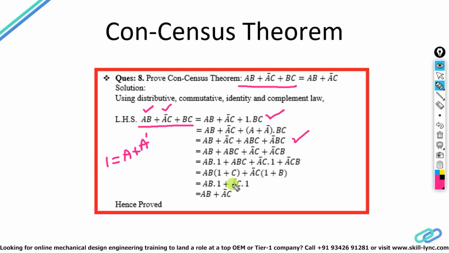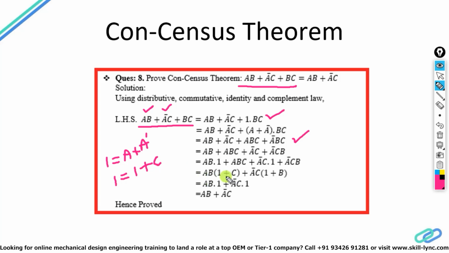Now you can write it as AB into 1 plus C, because 1 plus C equals 1. Anything plus 1 equals 1. So I can write it as 1. You can expand 1 as 1 plus C. 1 can be written as 1 plus B, 1 plus A, 1 plus C, anything, because here the C term is missing.